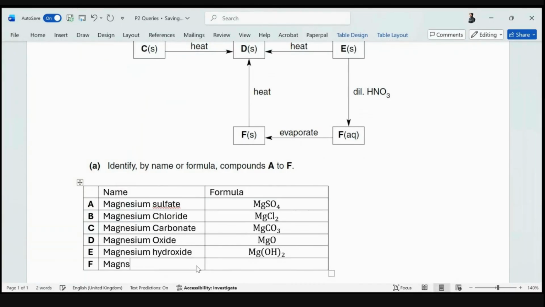Very good. And this is Mg(NO3) taken twice. Again, students end up making errors with the formula specifically in such questions. So just be very careful when using the formula. Is this clear?